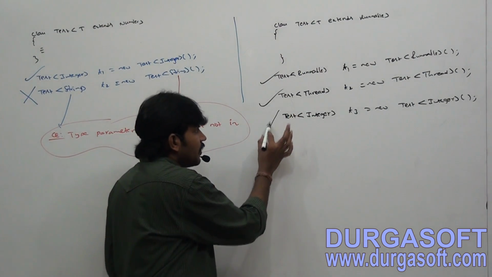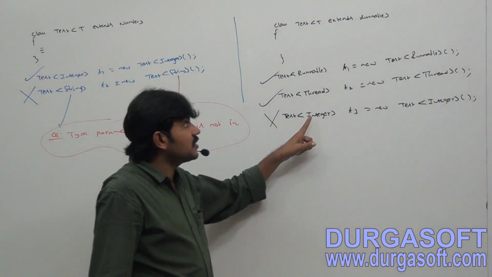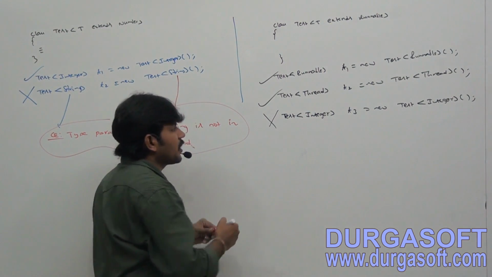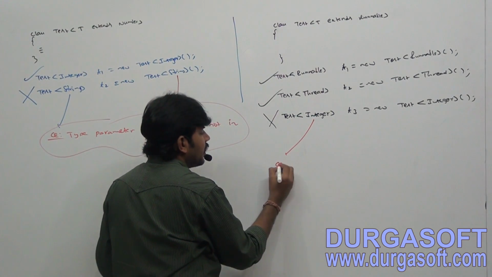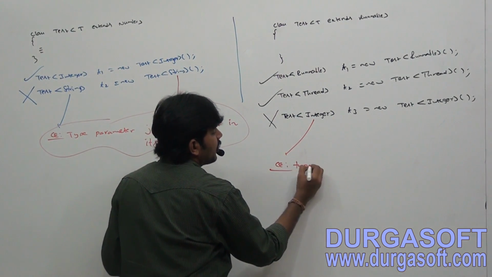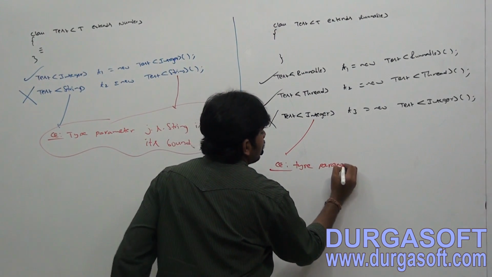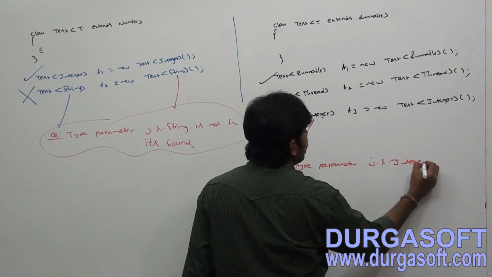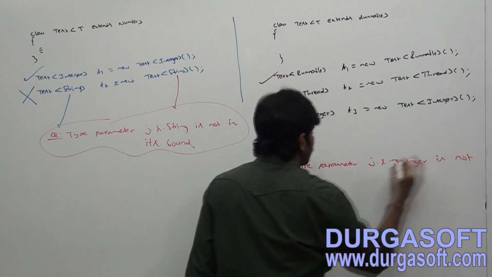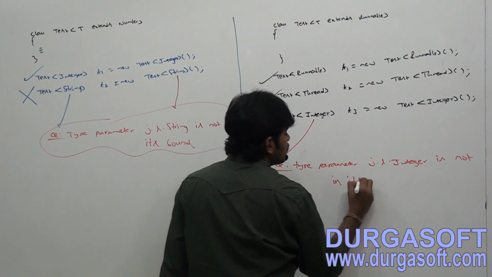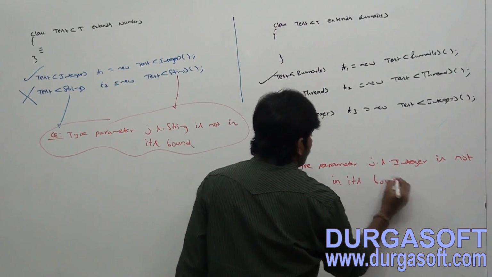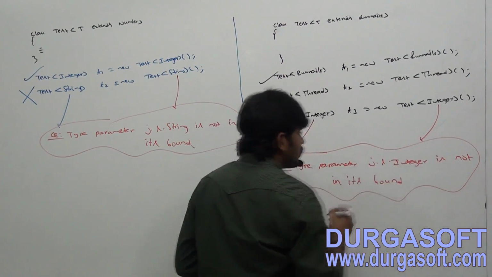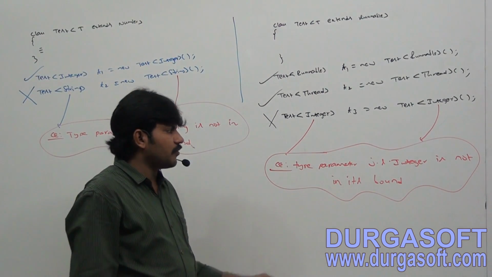This one is invalid, because the Integer class is not an implementation class of Runnable. That's why you immediately get a compile time error: type parameter java.lang.Integer is not in its bound.